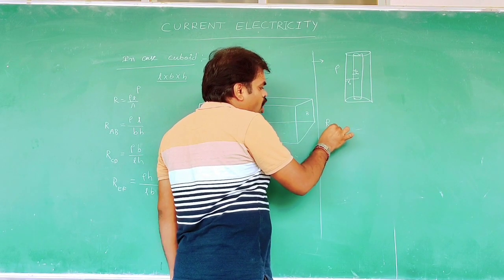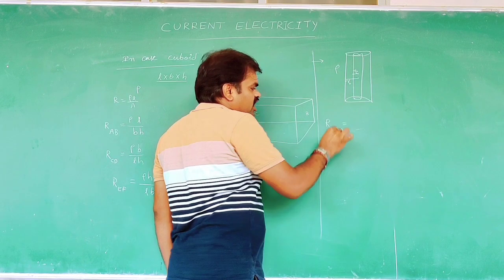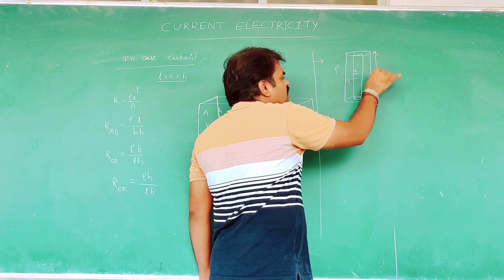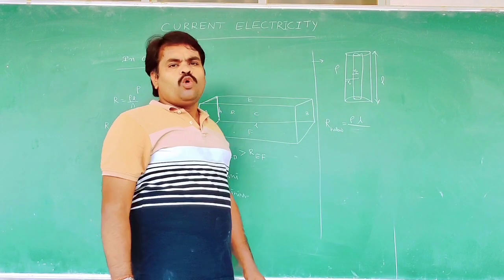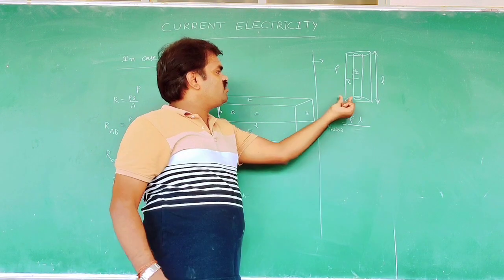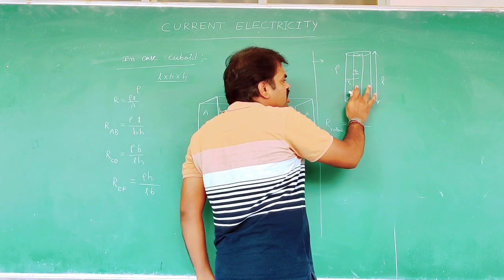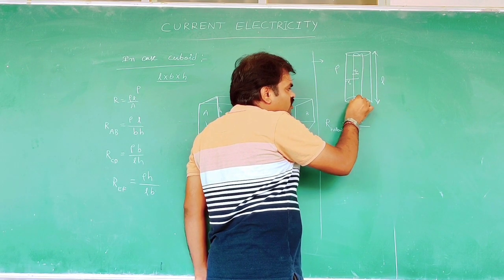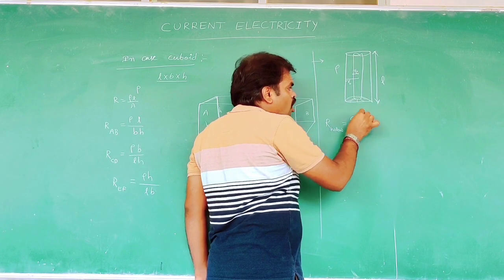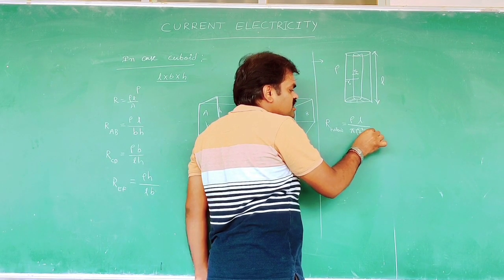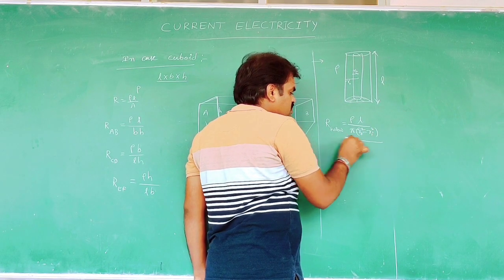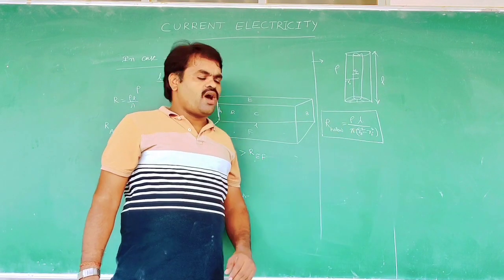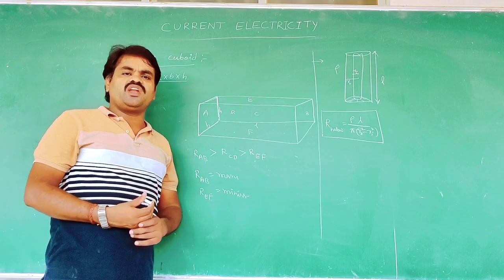Then the resistance of the hollow cylinder is rho into the length of the hollow cylinder L. That's why rho L by the area of cross section. Now it is a hollow cylinder, meaning inside there is no material. Then only this part contains material. That's why the area is pi into (outer radius square minus inner radius square). This is the resistance of the hollow cylinder. By using these formulas, we can determine the resistance of different objects.